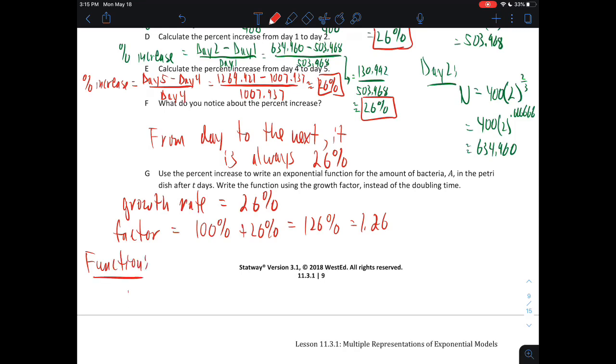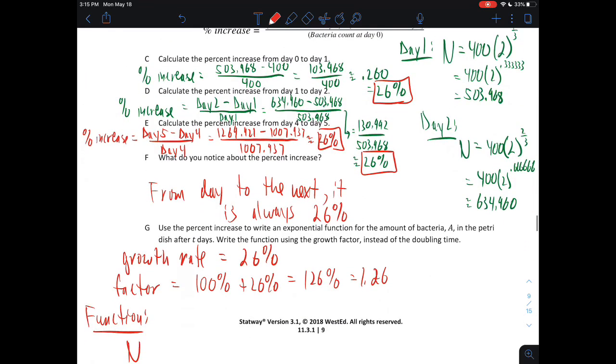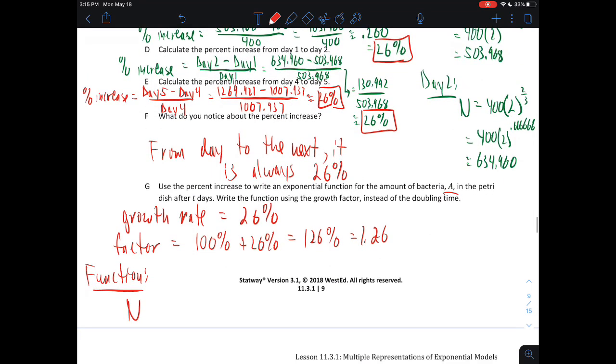So first of all, n for number of bacteria. Well, I guess actually they say that should be A, because we're writing a slightly different function. A equal to our initial value, 400, times the growth factor, 1.26, raised to the t power.